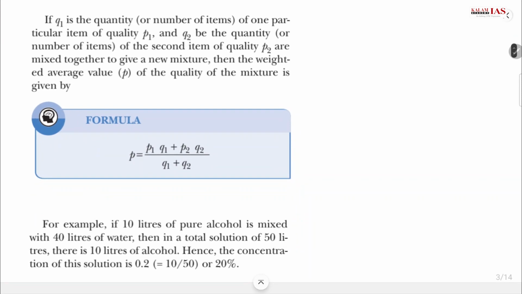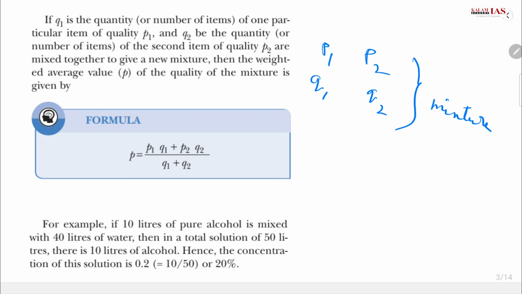So coming to the formula for mixture, how do we define a mixture? Suppose there are two items, P1 and P2. We take Q1 quantity of P1 and Q2 quantity of P2, and now we are mixing these two together to form a mixture.